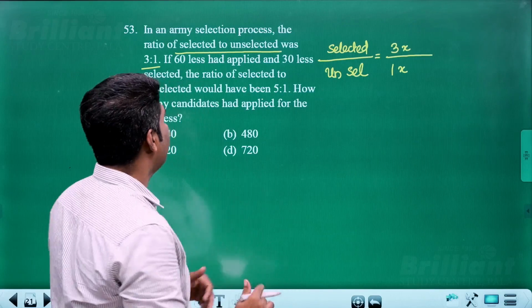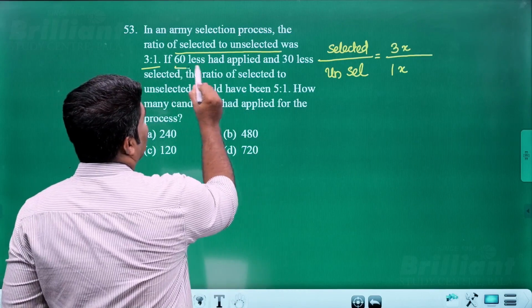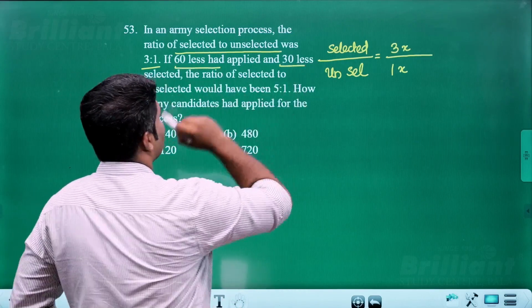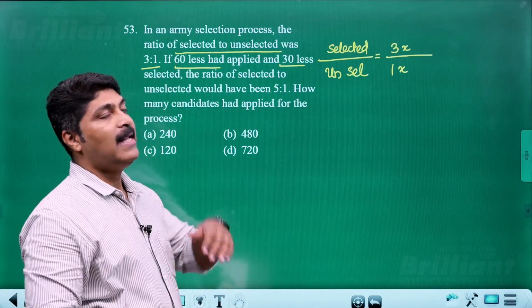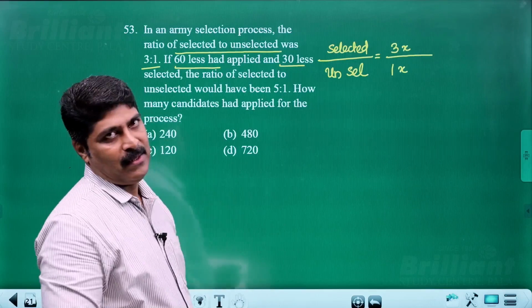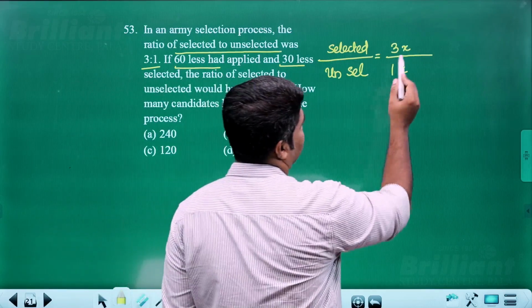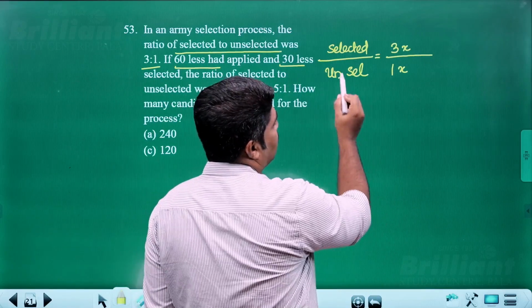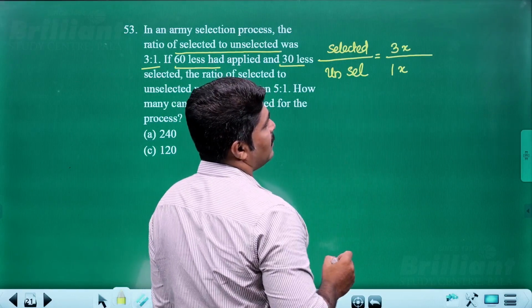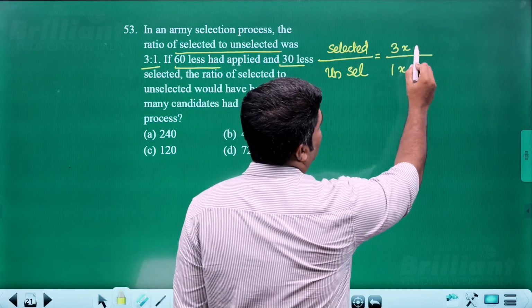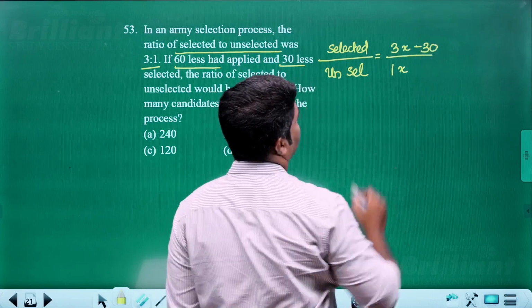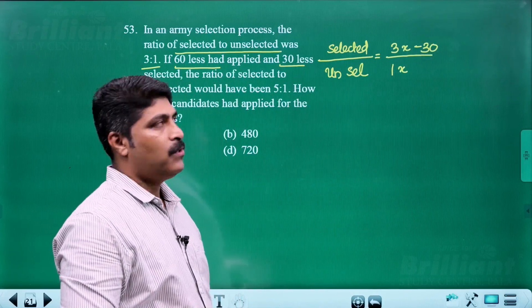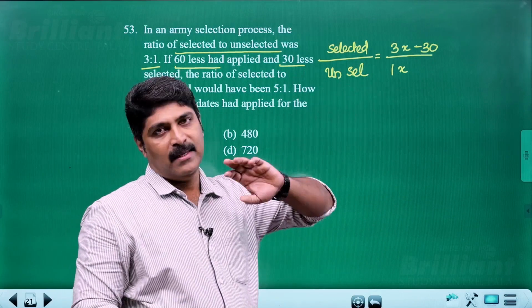What's the variation that occurred here? 60 fewer had applied and 30 fewer were selected. Understand that point. So here we are constraining the selected and unselected like this. You have to subtract 30 from the selected.